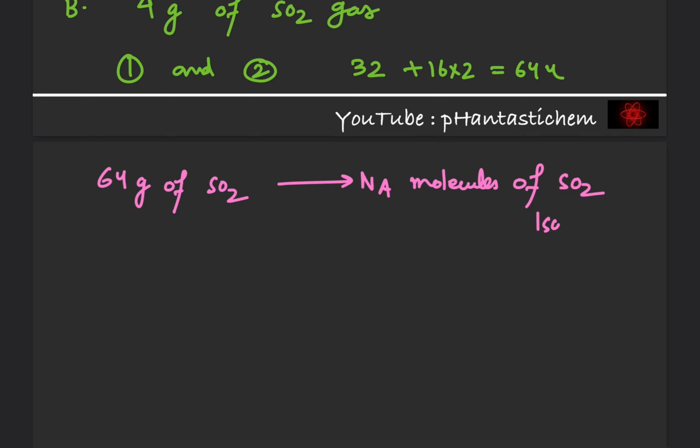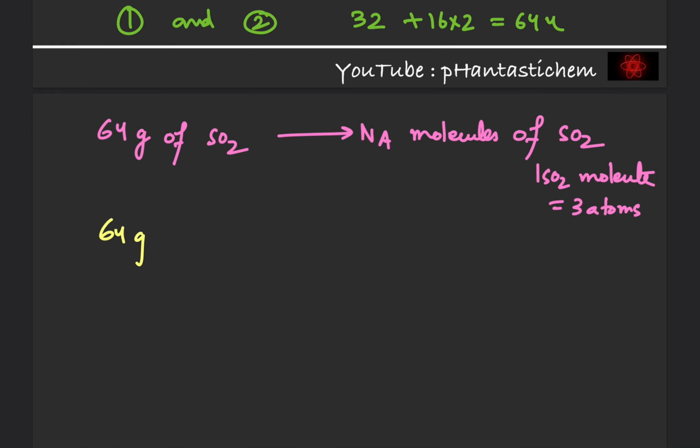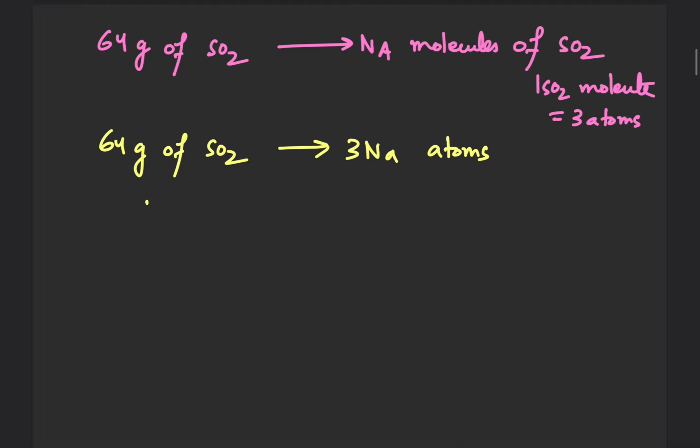One SO2 molecule has 3 atoms, so 64 gram of SO2 will contain 3 Na atoms in total.